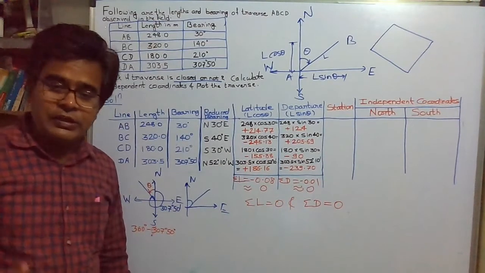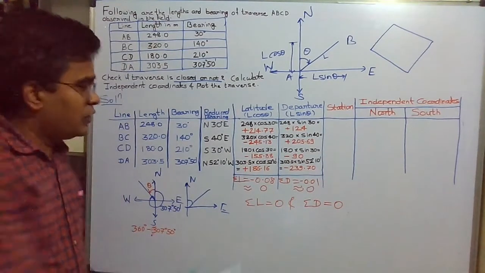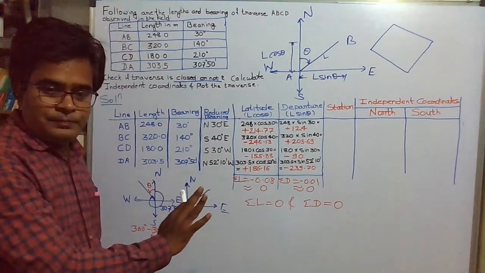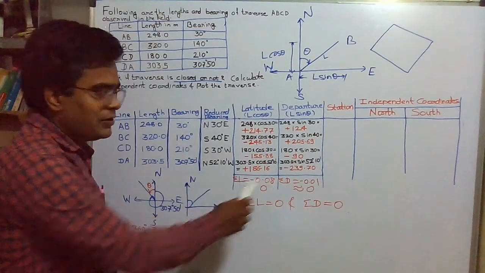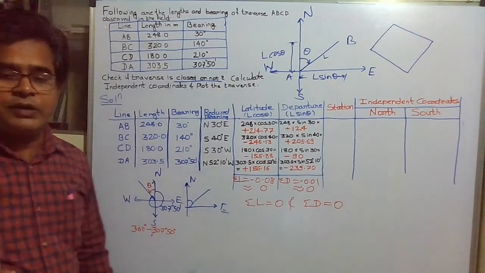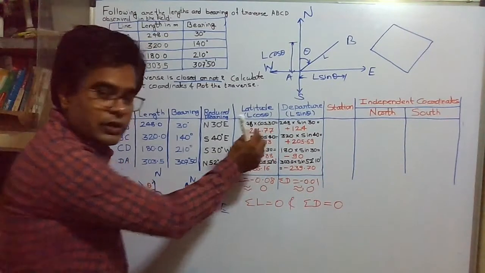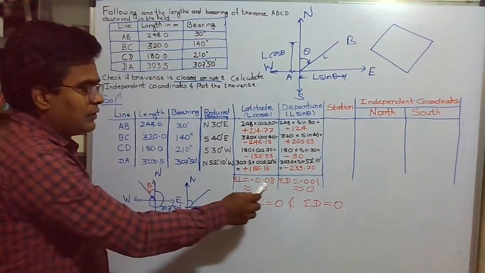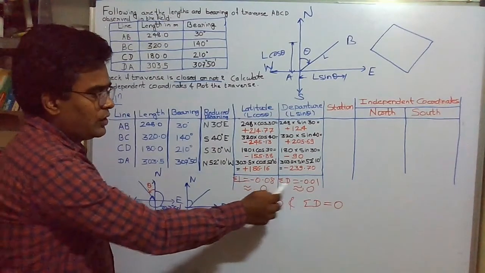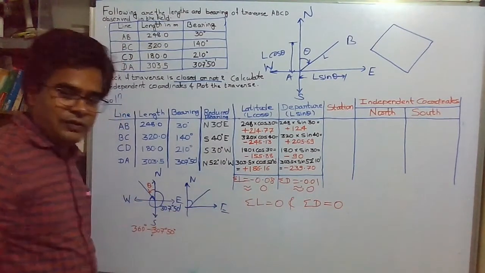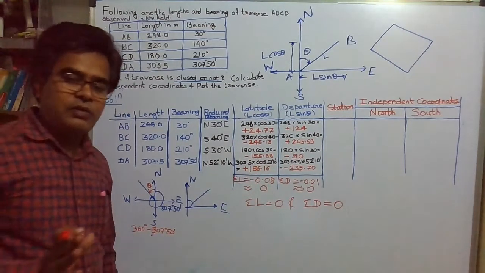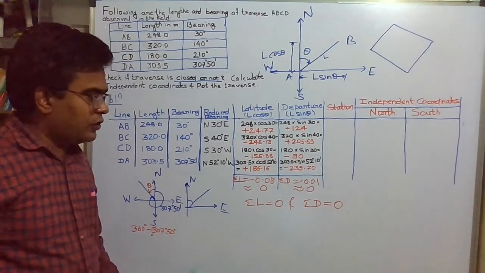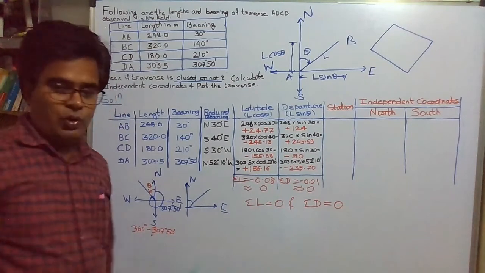If we consider the third or fourth digit, you will get the sum nearly equal to 0. We are getting minus 0.08 because we are considering only 2 decimal places. So when we get 0.08 and 0.01 in the second decimal, we can consider it nearly equal to 0. So this traverse is our closed traverse.